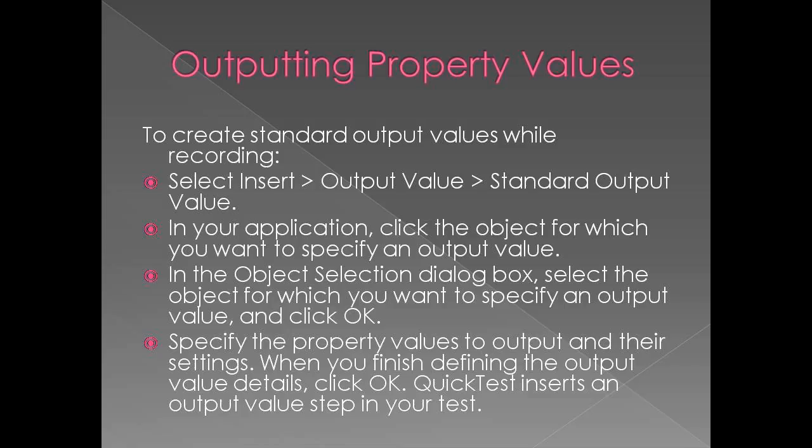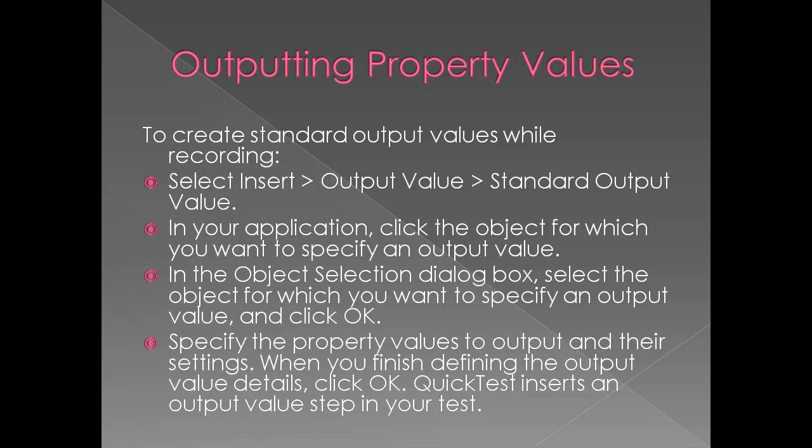To create standard output values while recording: 1. Select Insert, Output Value, Standard Output Value. Alternatively, you can click the arrow beside the Insert Checkpoint or Output Value button in the toolbar and select Standard Output Value. The pointer changes into a pointing hand. 2. In your application, click the object for which you want to specify an output value.